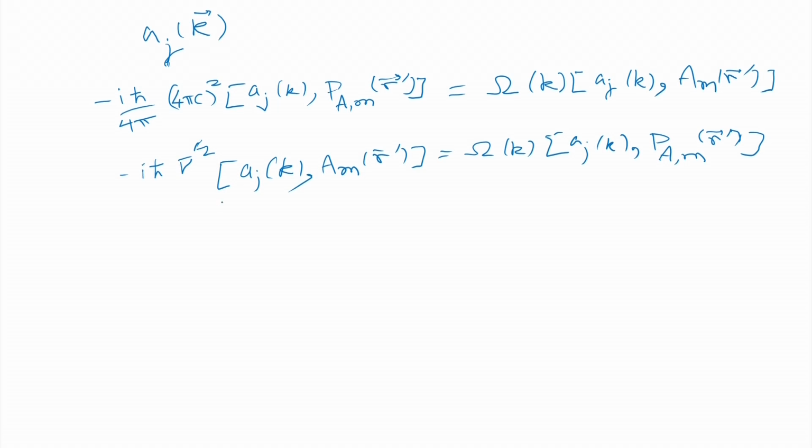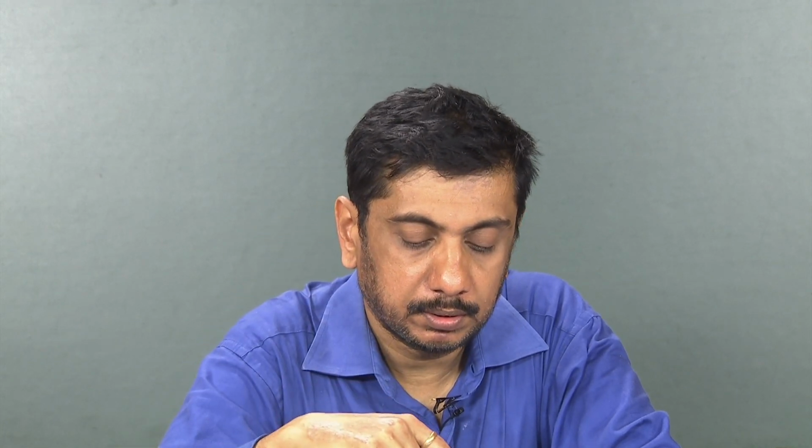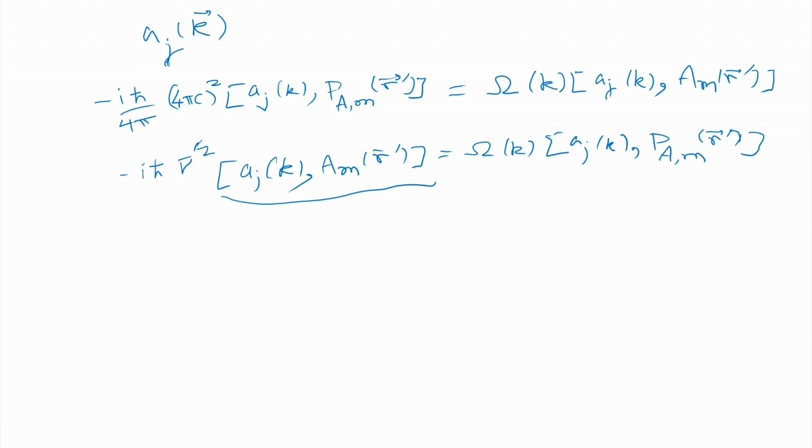Now notice that this equation relates the commutator of A, the annihilation operator of the photons, with the vector potential, to the commutator of the annihilation operator of the photons with the corresponding conjugate momentum.